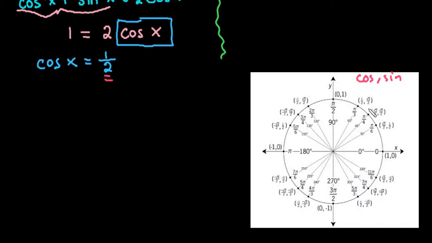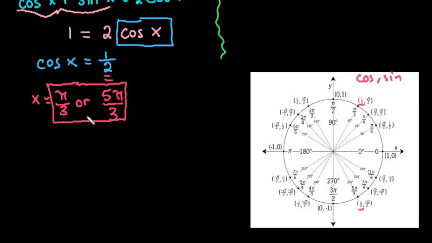So we're going to look for where our first value is 1/2. So we can see that cosine 1/2 occurs at pi over 3. And then cosine 1/2 occurs again at 5 pi over 3. And those are the only two places that my cosine value ends up being positive 1/2.